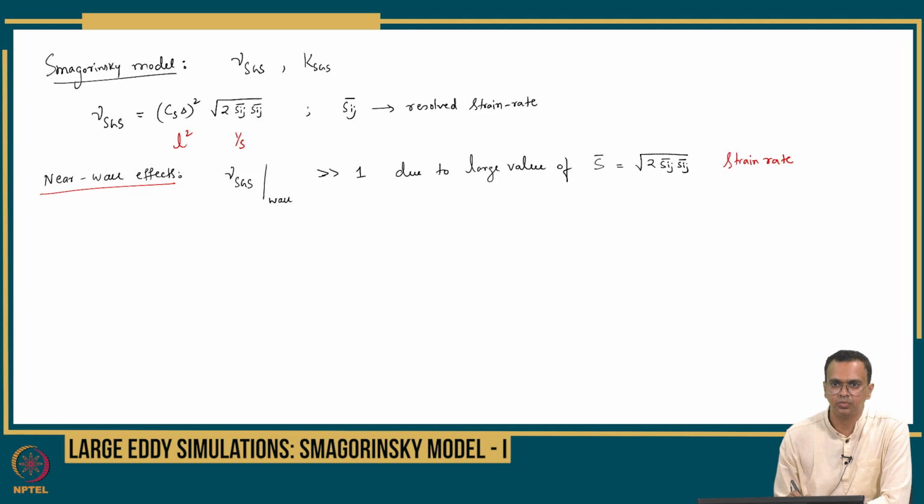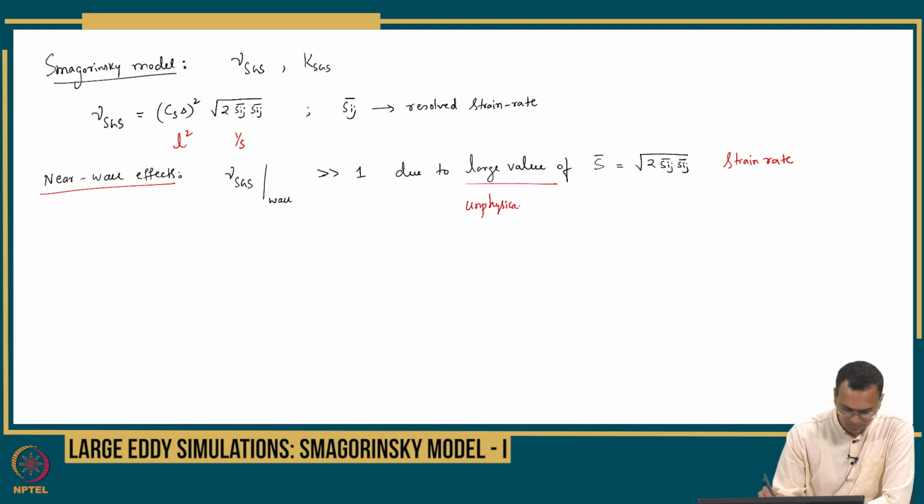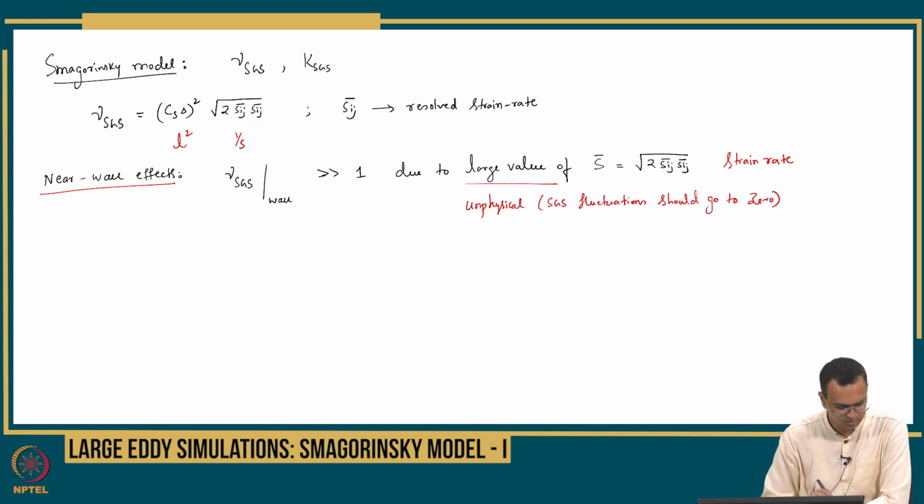So one option to solve this is using a damping function. This large value of nu SGS is unphysical because SGS fluctuation should go to 0. So you would need a damping function here, right?